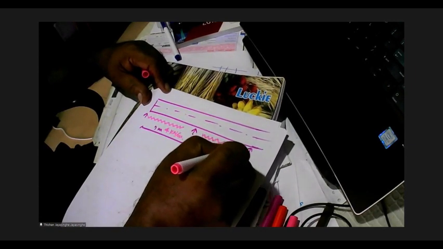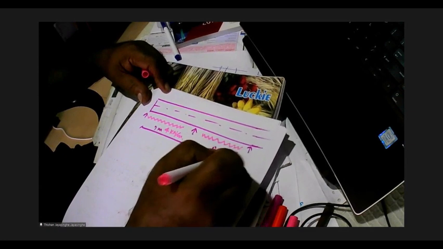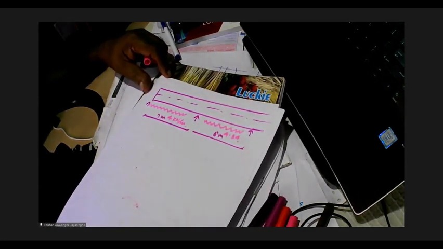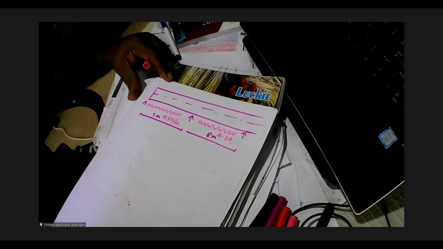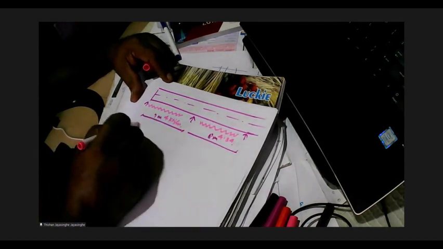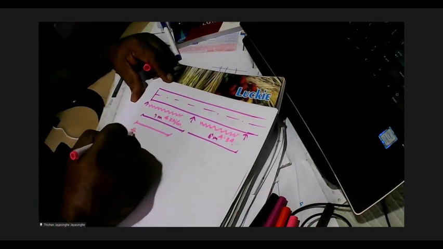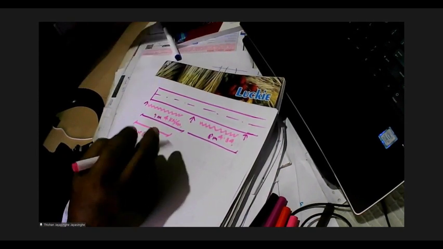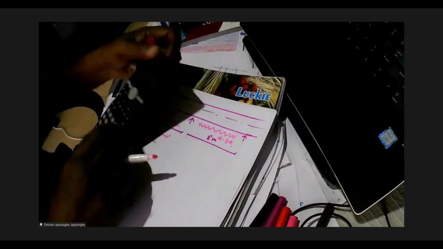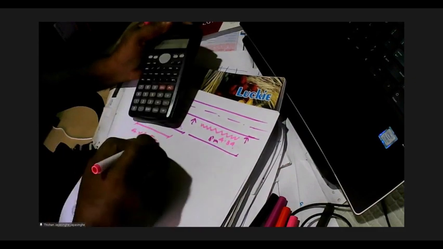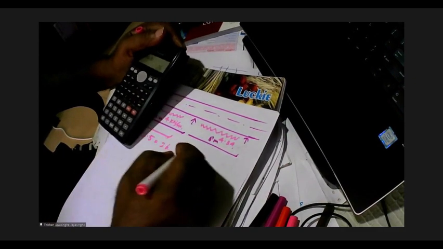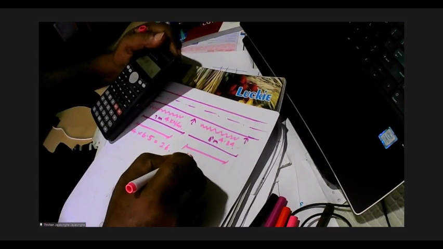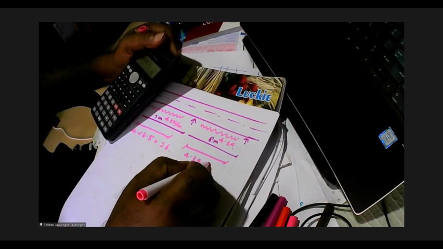Here we get 4.34. Balanced. Right. Now, what is the total force here? 4 into 6.5. The total force is 4 into 6.5, 26. And the total force here is 4.34 into 7.